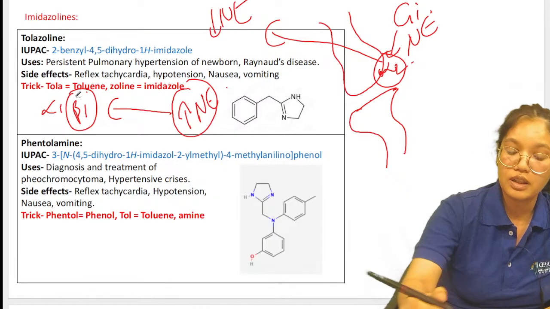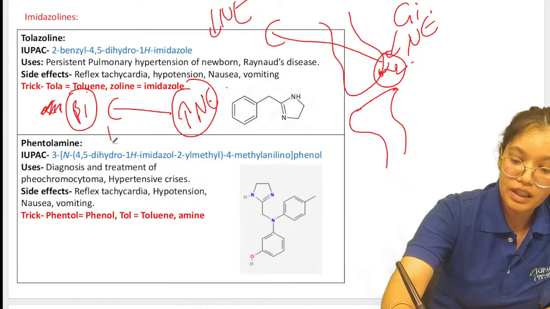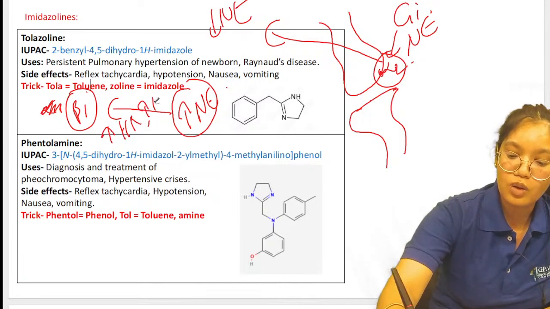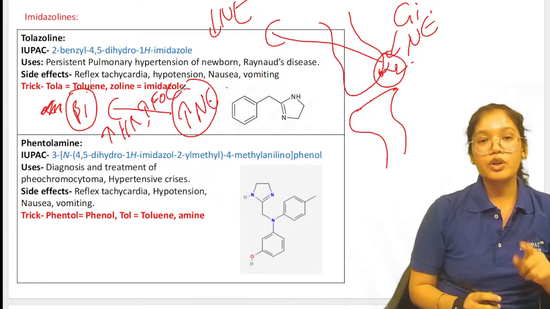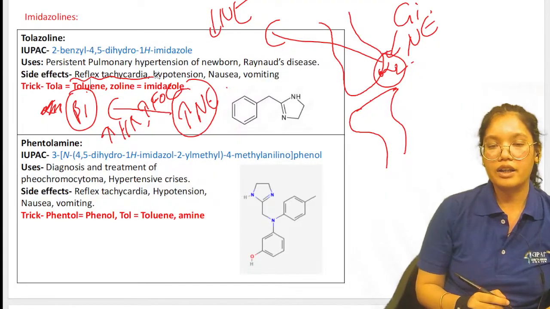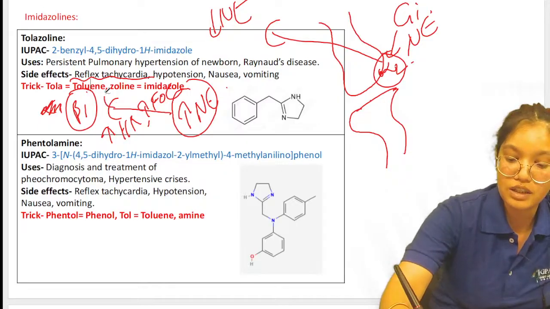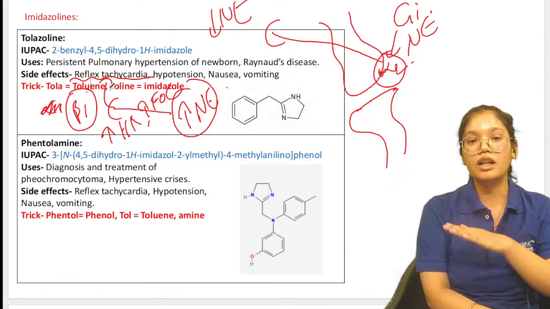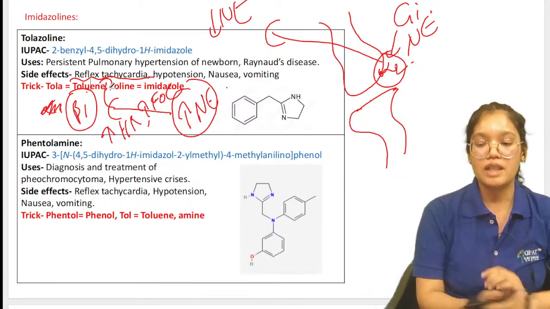Now what action? They will increase the heart rate and force of contraction. Now due to this it will cause reflex tachycardia. Okay, now this is the reason it is causing reflex tachycardia, due to the blocking of the alpha 2 receptors.